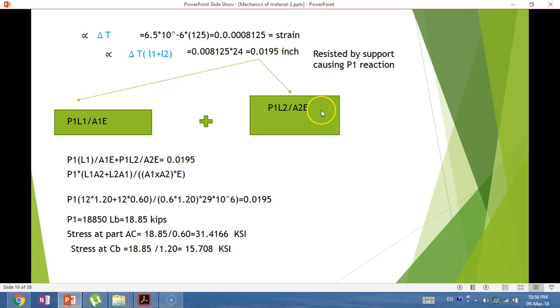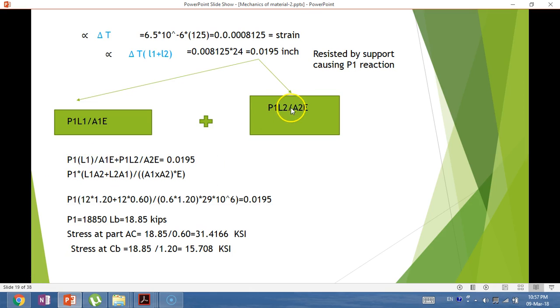Why P1 and P1? Because we have only a single force, so the amount of the force here is P1 and the same force P1 is in the other portion. So the elongation here plus the elongation here will be equal to the total elongation, which is 0.0195, which we have already calculated.